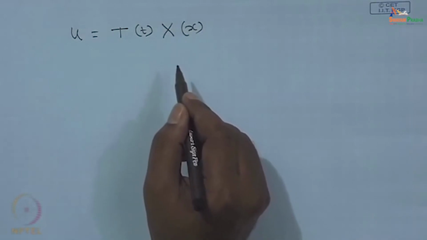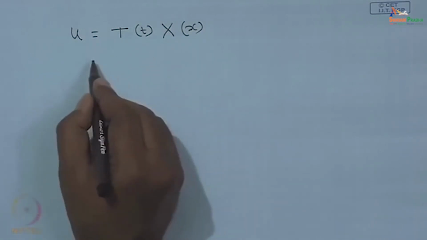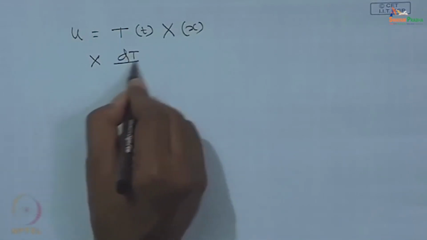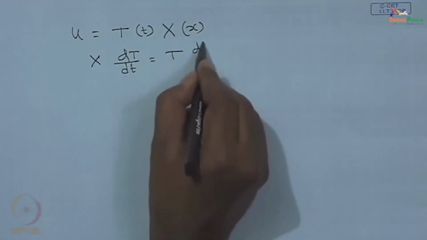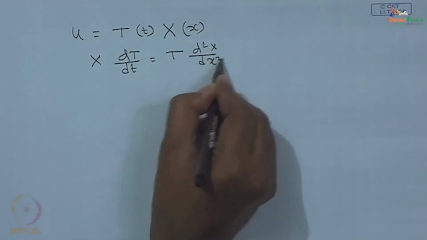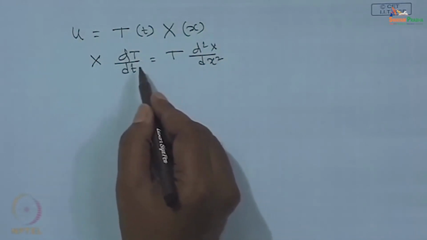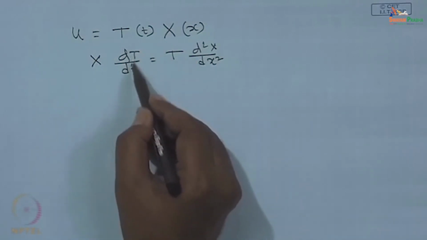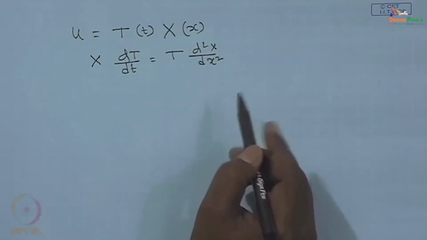Once we do that, we substitute this product in the governing equation. So, this becomes X dT/dt, and this becomes T d²X/dx². Therefore, the partial differential becomes a total differential, because T is a sole function of time and capital X is a sole function of space.